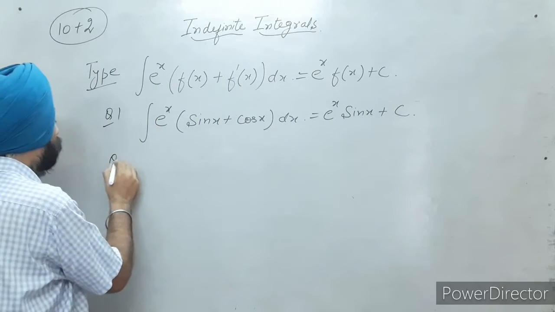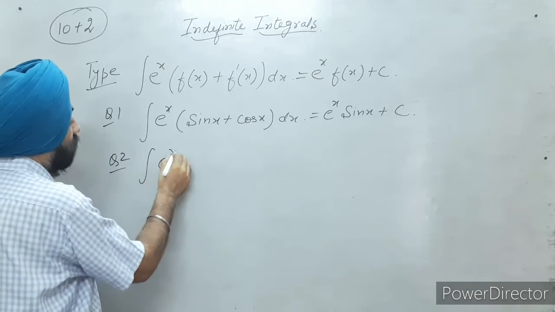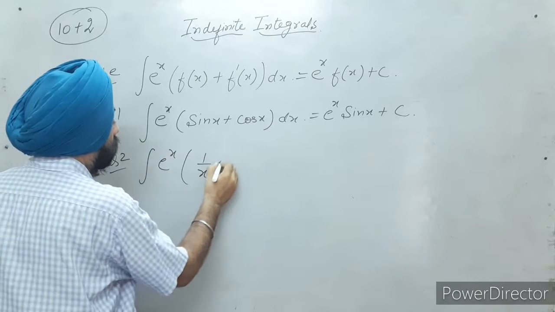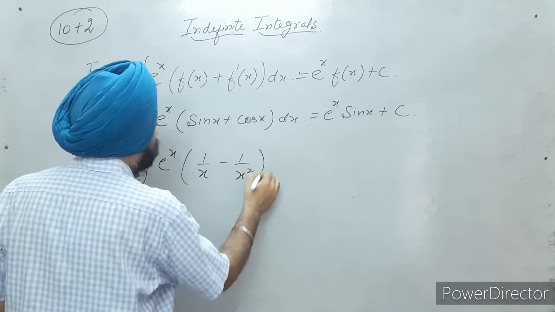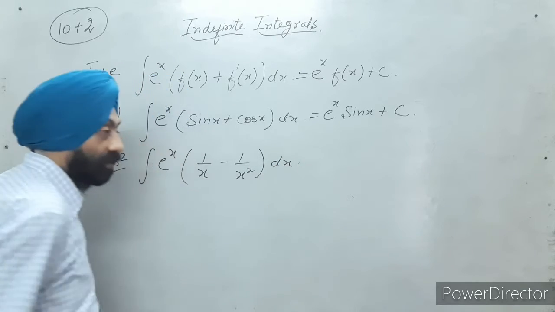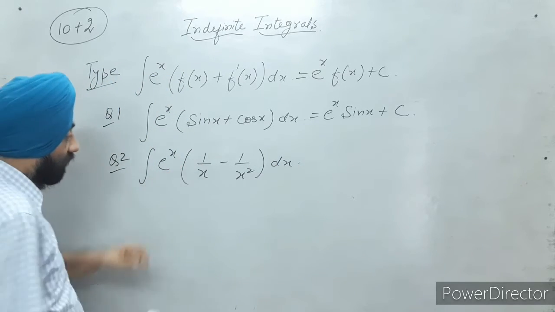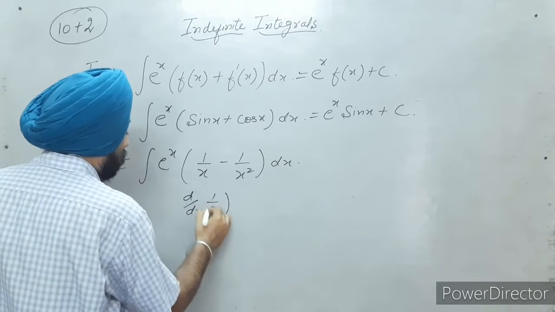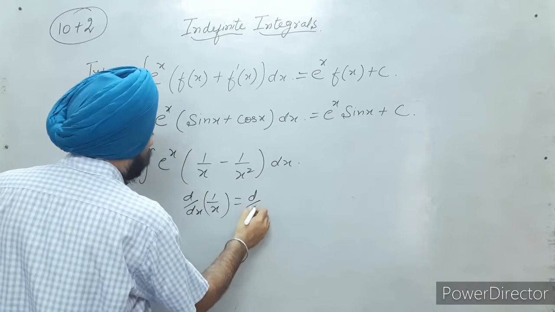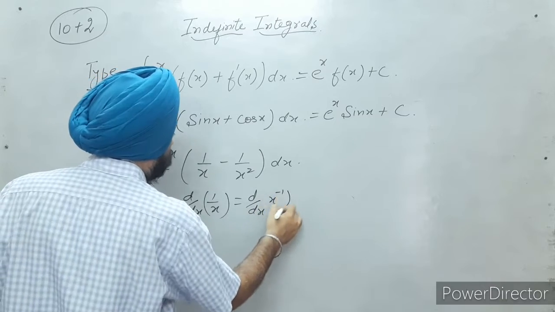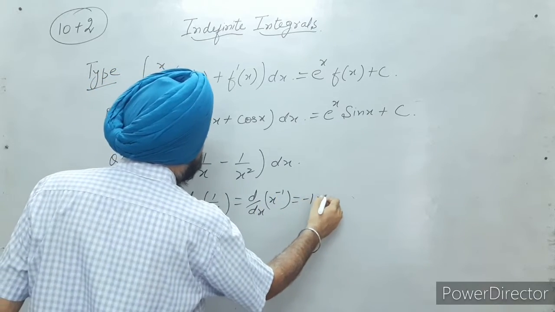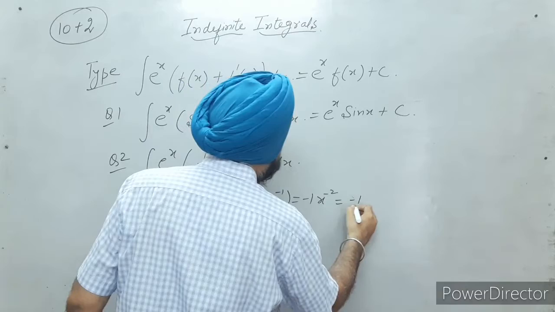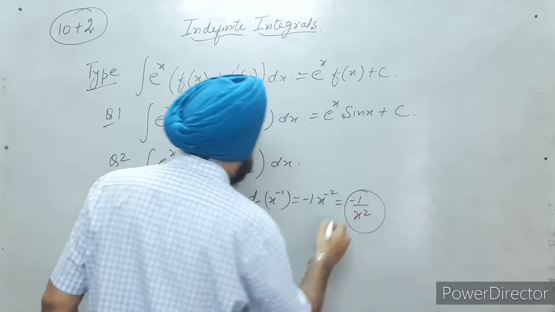Now second question, it's the integral of e^x (1/x minus 1/x^2) dx. Now if I find the derivative of 1/x, I can write this as d/dx of x^(-1), that is minus x^(-2), that is minus 1 upon x square.